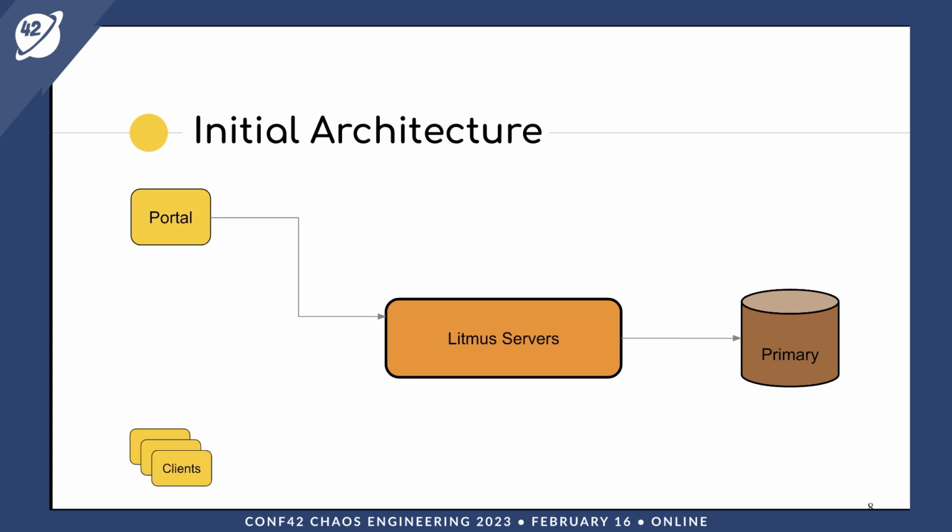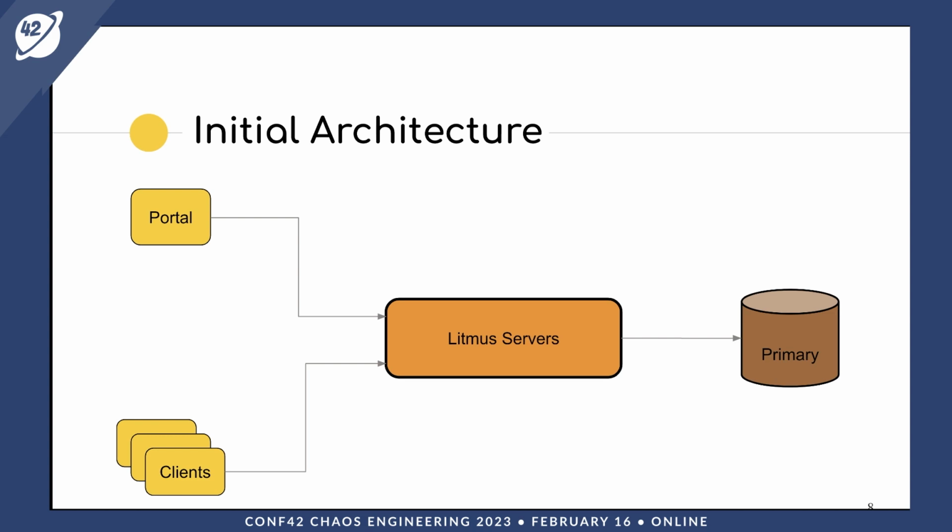And we have clients, which are basically microservices or mobile clients, any clients which need to talk to the experimentation platform to decide which variants to use, right, which variation of an experiment to use. So how does this flow work? Clients talk to the Litmus server, and Litmus server talks to the DB, fetches all the valid experiments and returns those to clients. So this is the initial architecture.